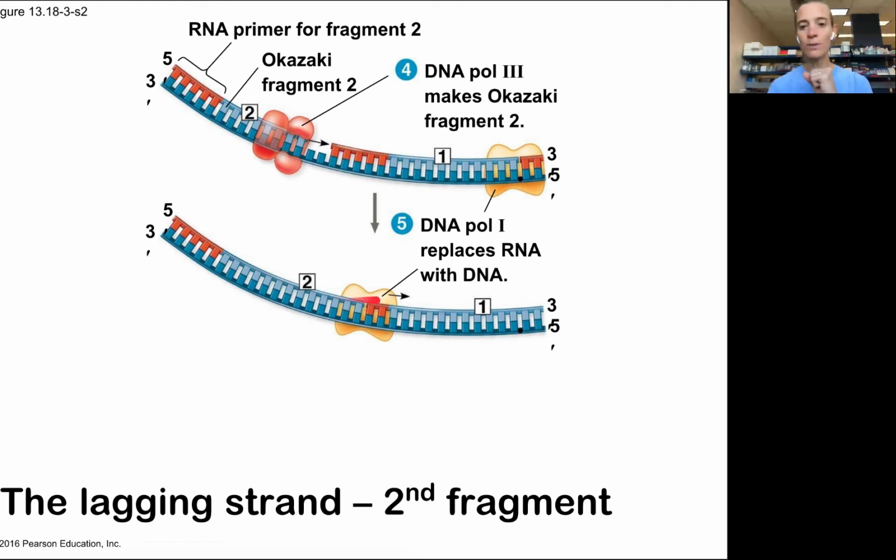So it will chew up this primer, and as you can see, it chews it up in the same direction as it synthesizes. So it has what we call exonuclease activity. Exo because it starts at an extremity, and it chews up the nucleic acid from that extremity. So it's an exonuclease activity from 5' to 3'.